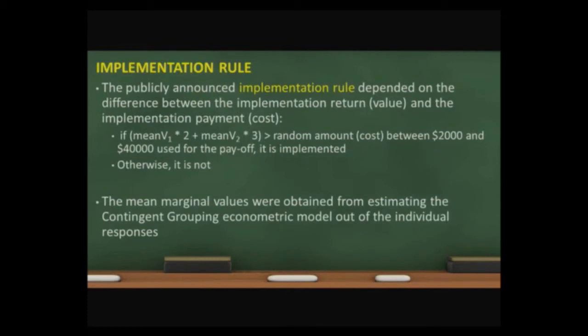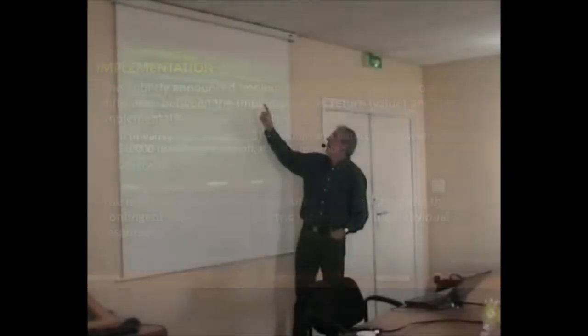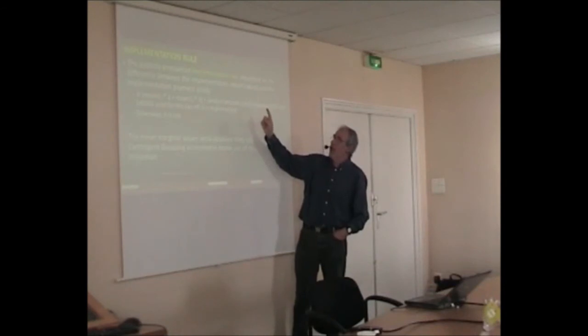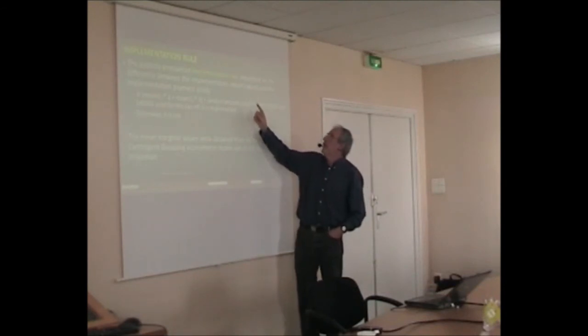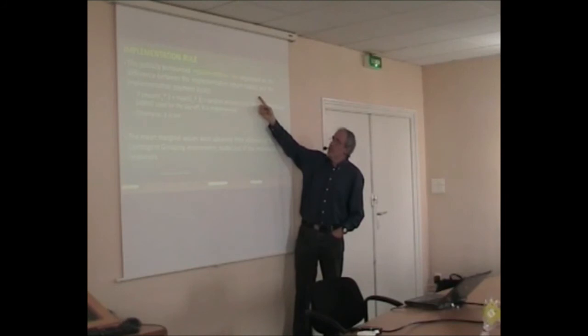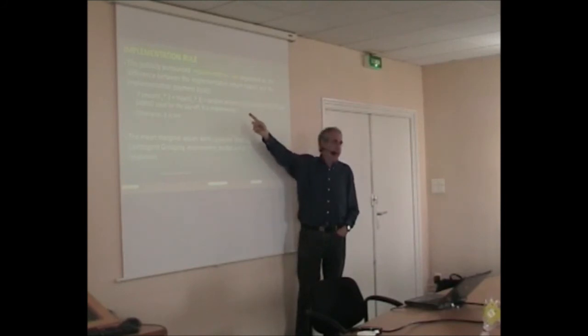Second slide, the implementation rule. The implementation rule is publicly announced, so everyone knows the rule beforehand, before making the choices, and depends on the difference between the value and the cost. Okay? The value is calculated as a mean value.